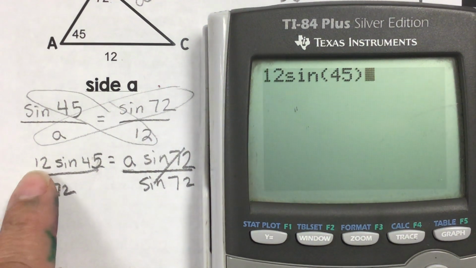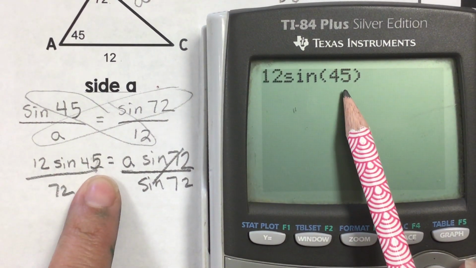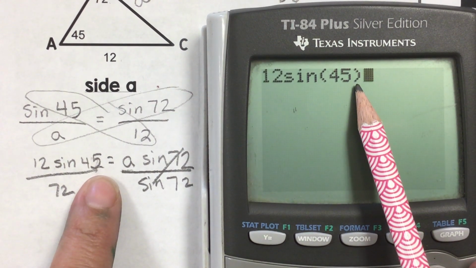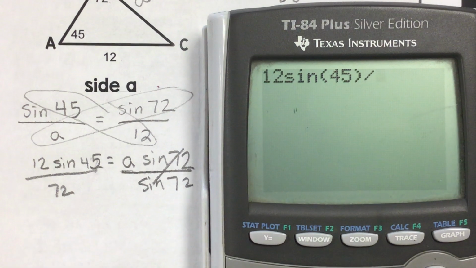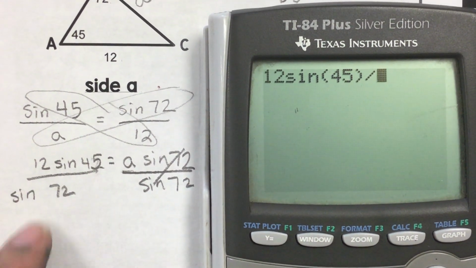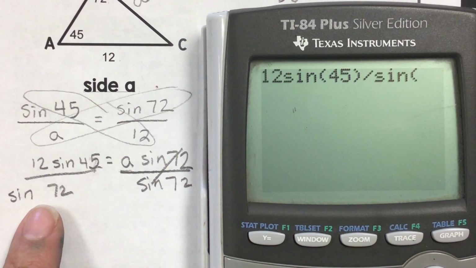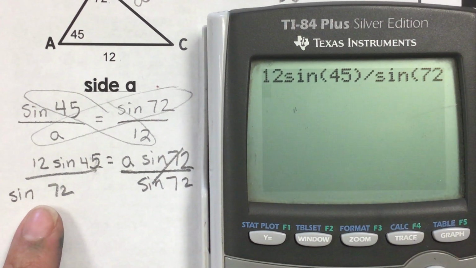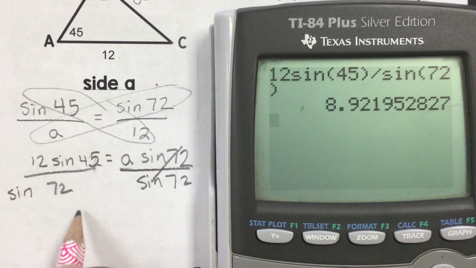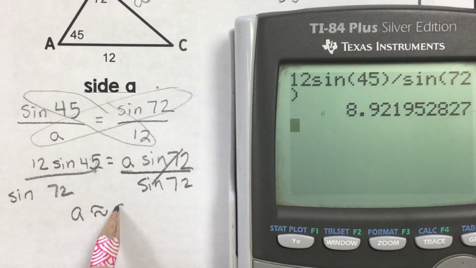So all I'm doing is writing the numerator, 12 sine of 45. And then divided by, and I'm sorry, it's supposed to be sine of 72 on both sides. So I'm going to divide by sine of 72 and close your parentheses again. That means that the value of A is approximately 8.9.